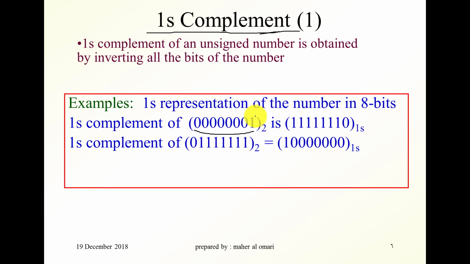The ones complement of this number can be found by inverting each bit. So this is inverted to 0, and the new number that comes out is this. So this is the ones complement of this number. For this number, the ones complement is found the same way: you invert each bit, and so on.